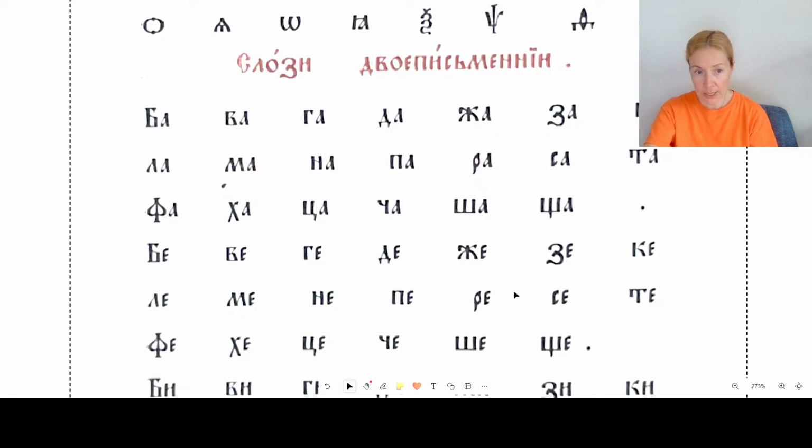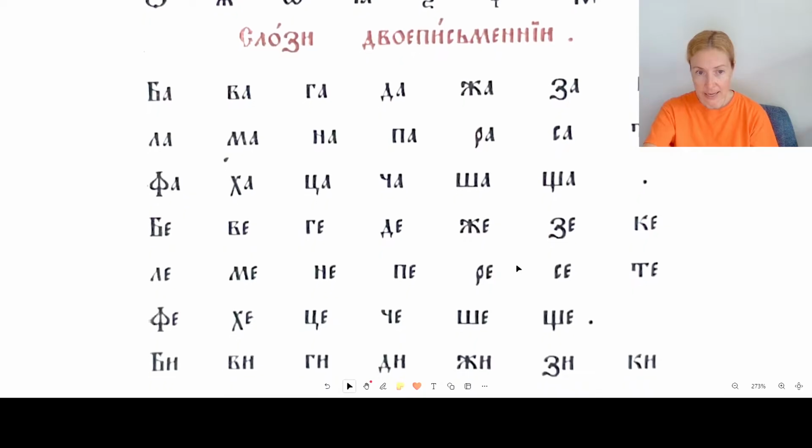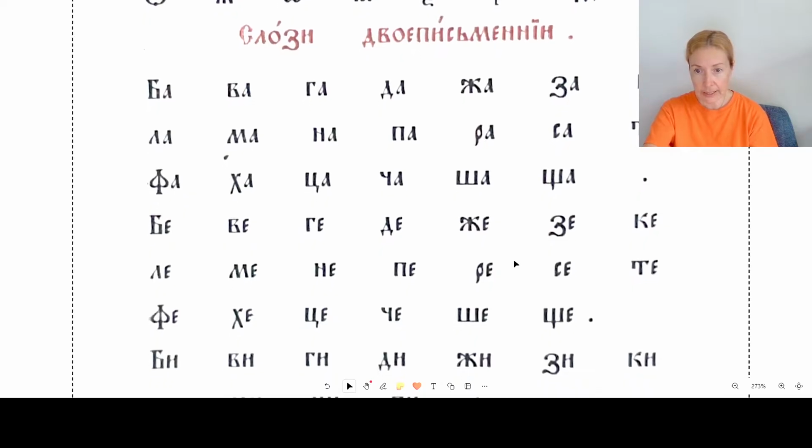Now we move to the next. The next vowel here in the book is ye. Good job. So the next one is ye. What will be the first syllable? If we have buki and then yest, what do we read? What is this syllable?